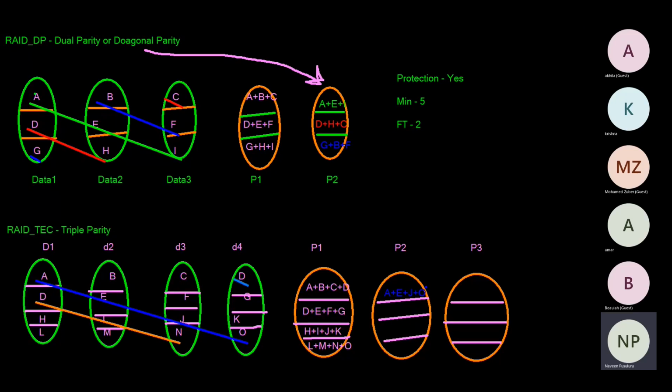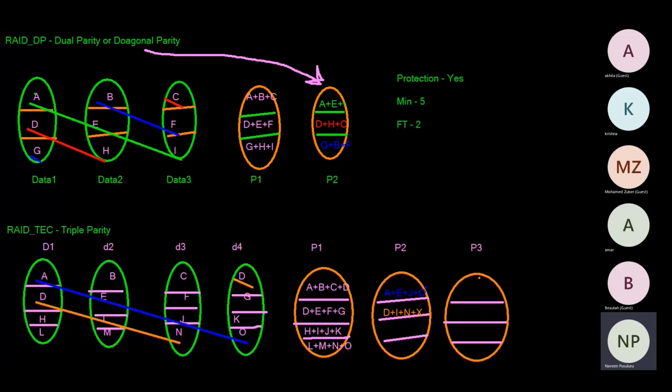That's fine, I just want to take an example, right? Then D plus I plus N plus, let's assume one is X. I'm just taking it as X. Same thing here, it will do it diagonally. Parity 2 will be calculated diagonally, just like RAID DP.